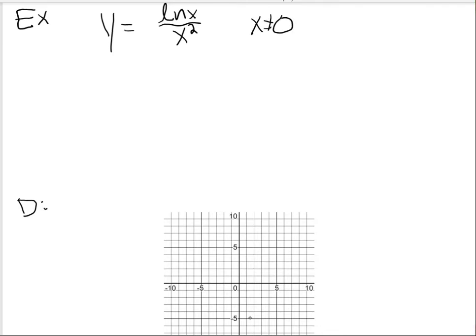And the natural log function is only defined when the argument, that is x, is strictly greater than 0. Not greater than or equal to, because natural log of 0 is where the asymptote from one direction happens. So our domain is going to be open 0, infinity.